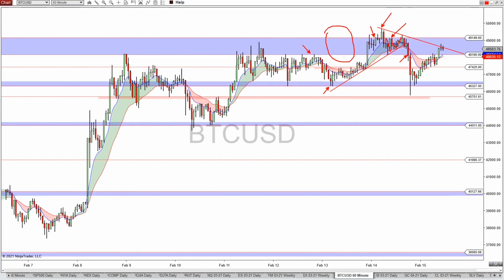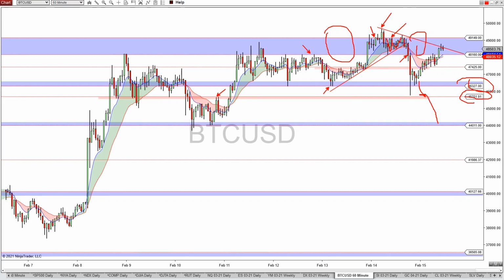Once it broke through and was unable to get back into the zone here, I established the potential support zone here to see whether it would come back down. If it could not reclaim this 46,300 area and came back down, then we want to see a possible retest of this 45,700.